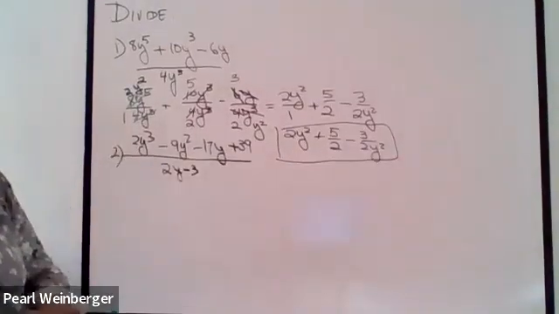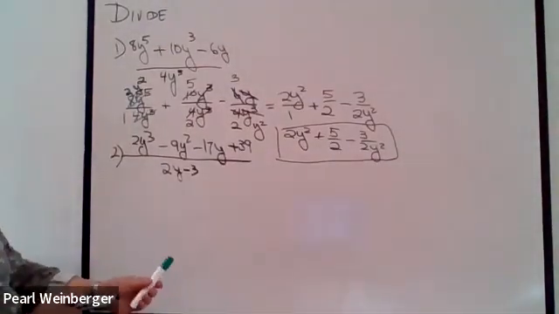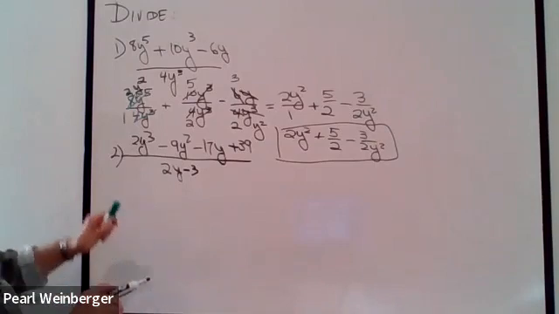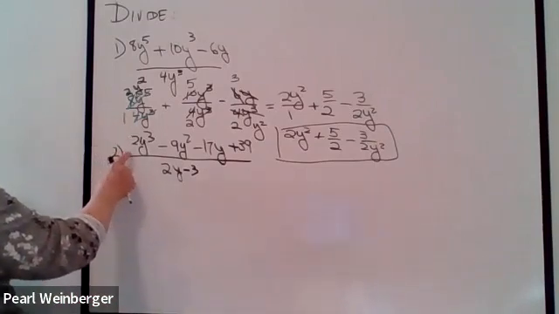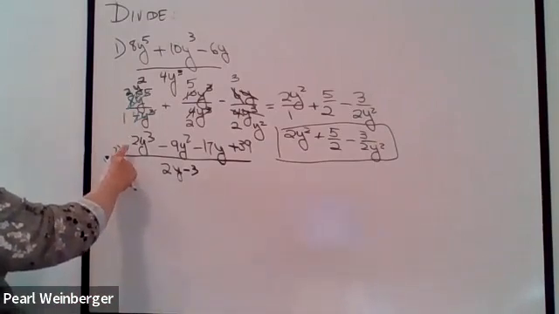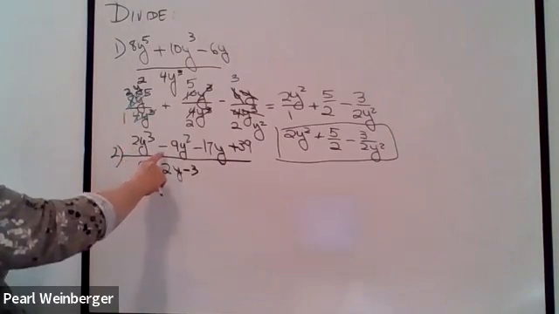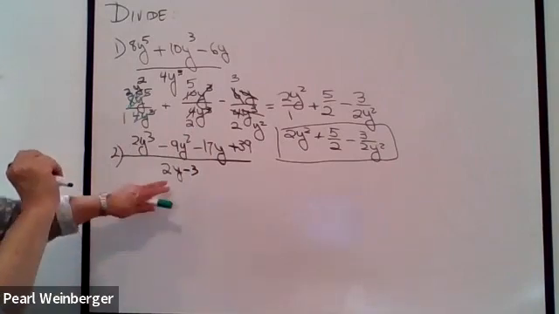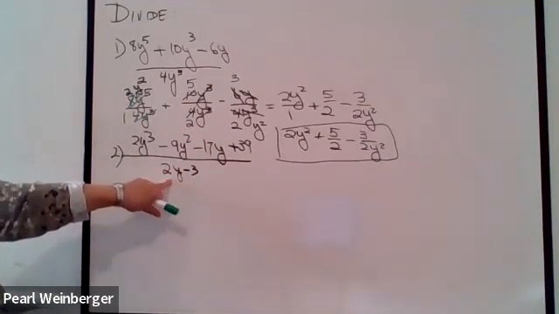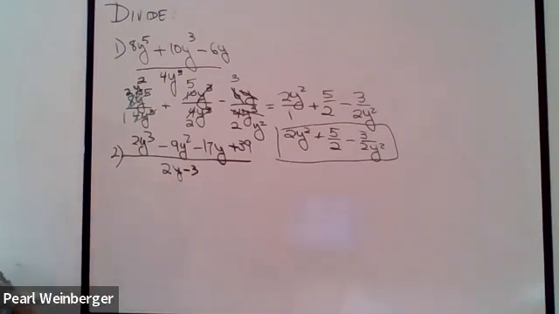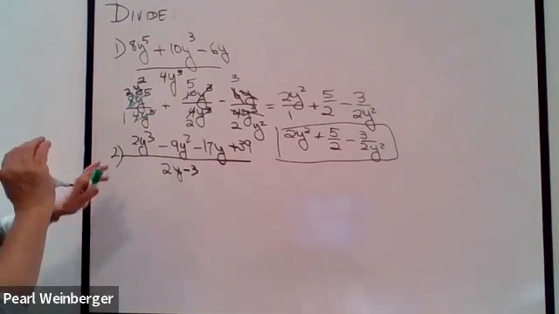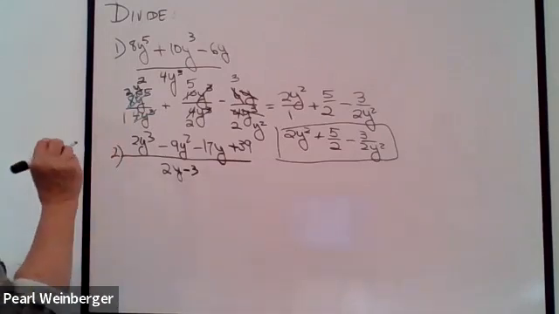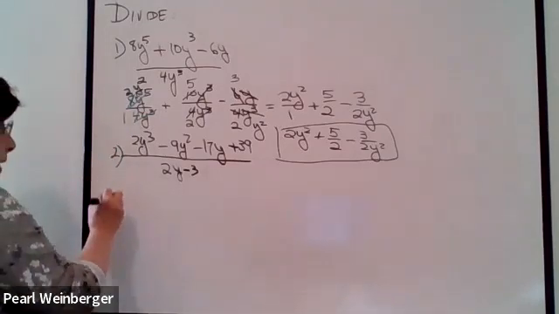Okay. So now let's go to this second question. In this question, we have 4 terms, 2y cubed minus 9y squared minus 17y plus 39, divided by a binomial, 2y minus 3. And if you recall what we did on Wednesday, we knew we had to do this as a long division problem.